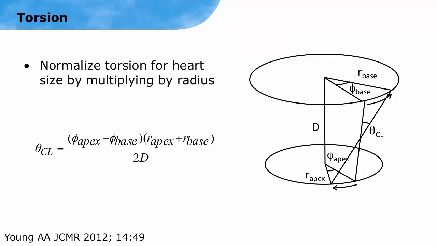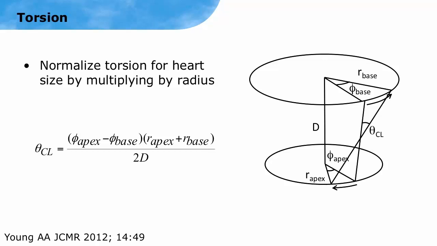research down the track. This is the way that I recommend that you quantify torsion with MRI, just using two slices. You can measure the rotation at the base, you can measure the rotation at the apex, you divide by the distance between them, and you also multiply by the radii. Now the reason why you want to multiply by the radii is to get around the effect of different sized hearts.